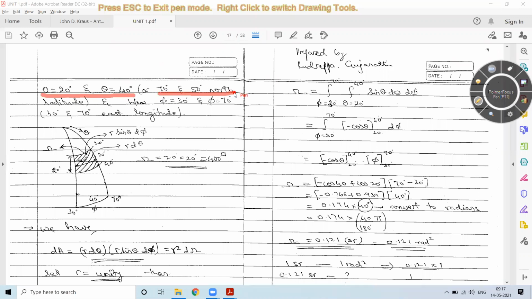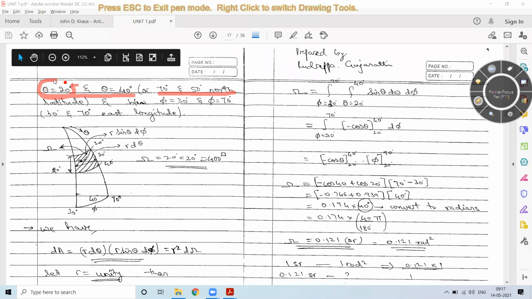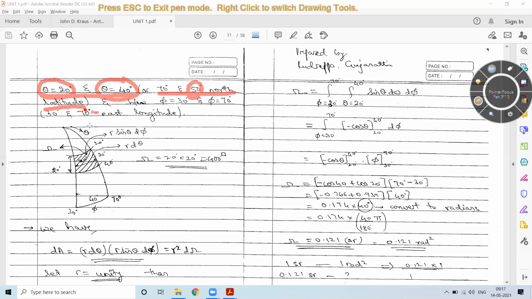If you take the difference between 90 degrees and 70 degrees, you get the first angle, and 90 degrees and 50 degrees gives the next angle. Since this is specified in north latitude, you have to subtract it from 90 degrees.